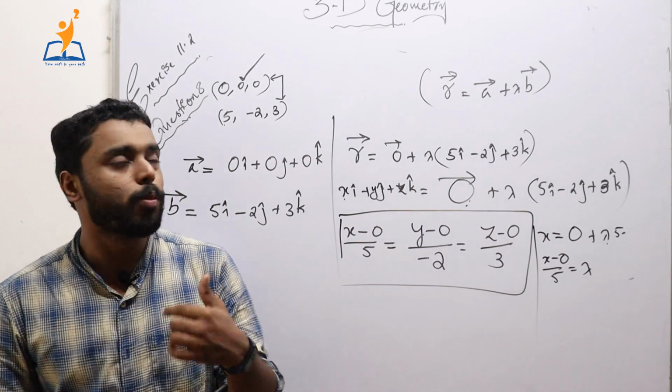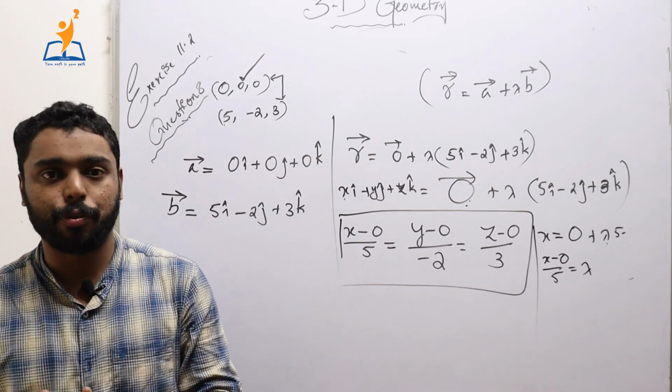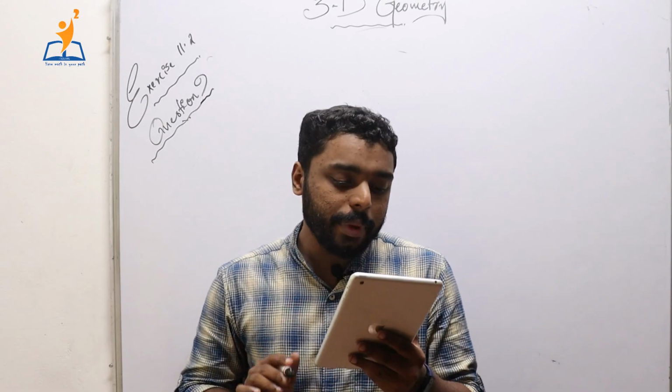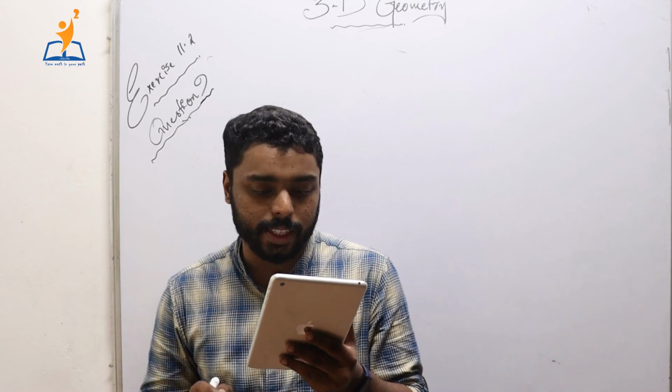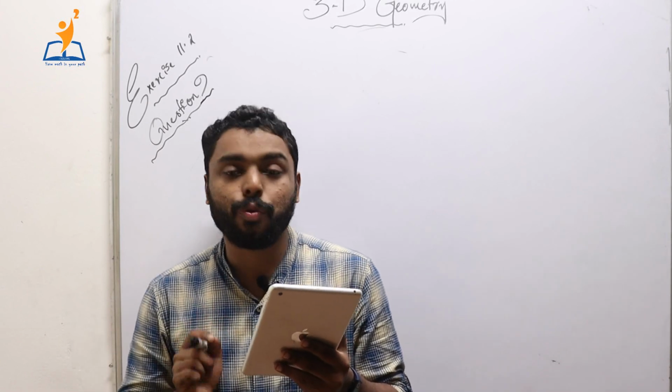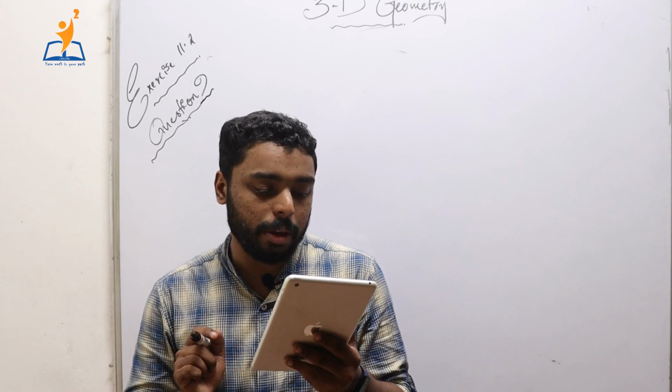Now we can move to the next question, question number 9 of your textbook. Find the vector and Cartesian equation of the line that passes through the points (3, -2, -5) and (3, -2, 6).